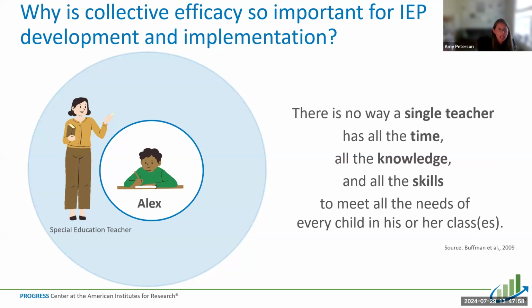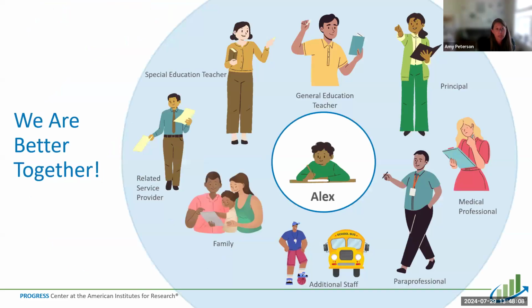As we're designing programming for students, because we can't do it alone. We know we don't have the time, the knowledge, the skills to meet all the needs of everyone. And so it is really all of us working together. It's the related service providers and family members and additional staff and special education teachers and general education teachers and principals and medical professionals and paraprofessionals and others, community members, really working together to support students with disabilities and to ensure progress for them, right?